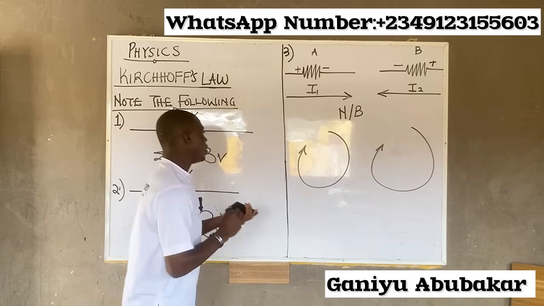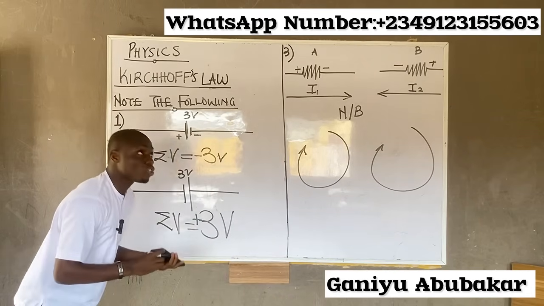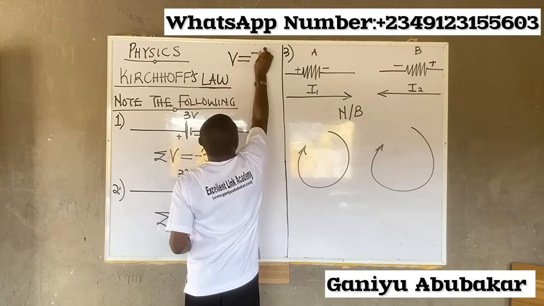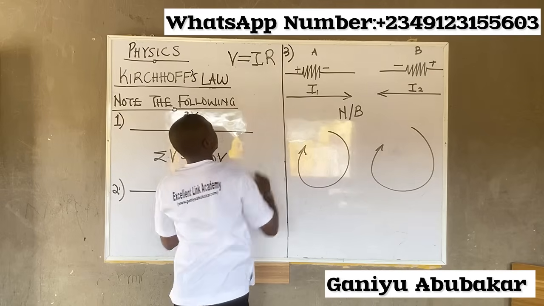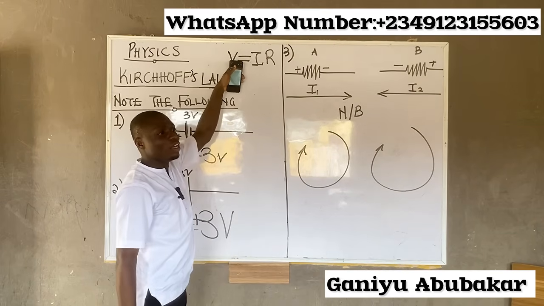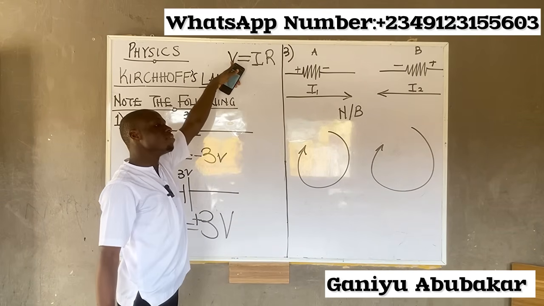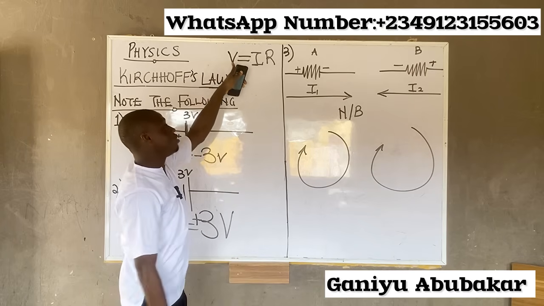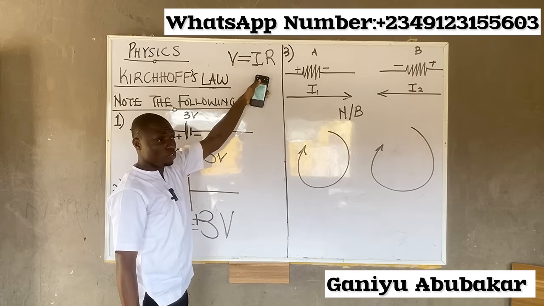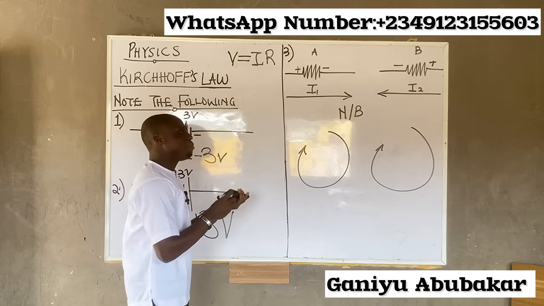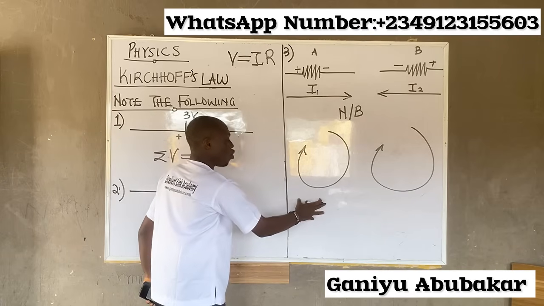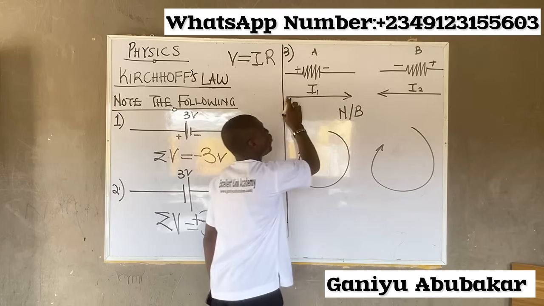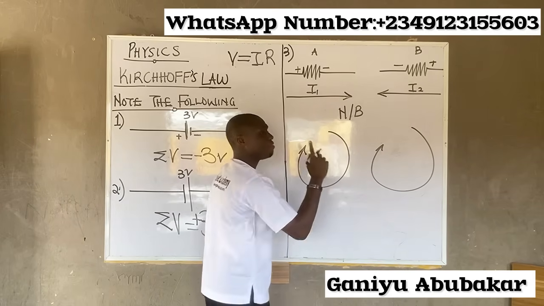And here's the idea. From Ohm's law, we know that V is equal to IR. So this idea was from Ohm's law, that V equals IR. I'm saying that if the direction of the current given or assumed is following the direction of the given current, take V as negative.